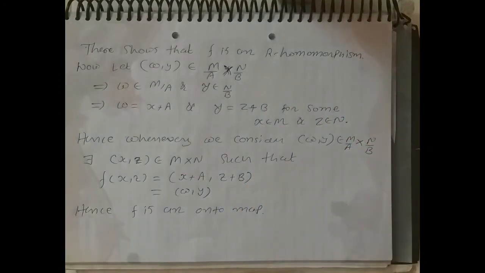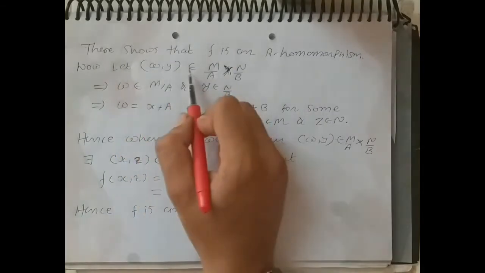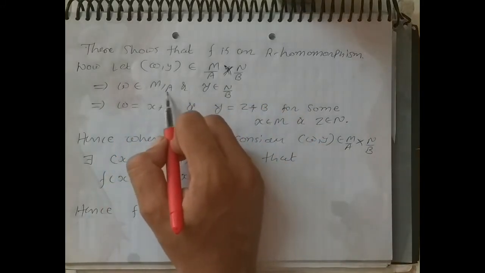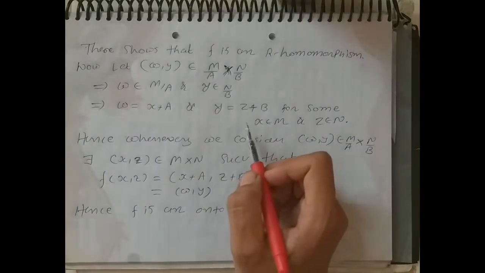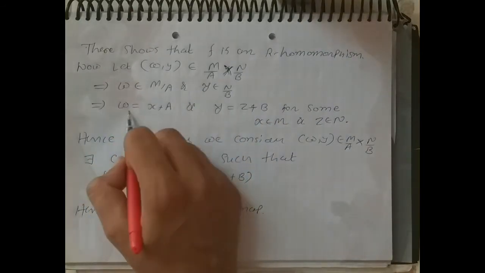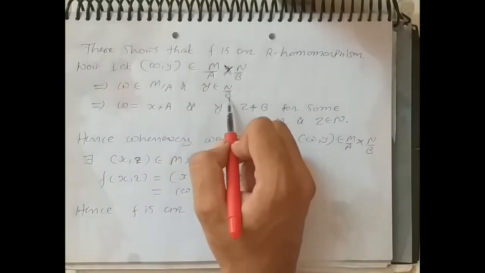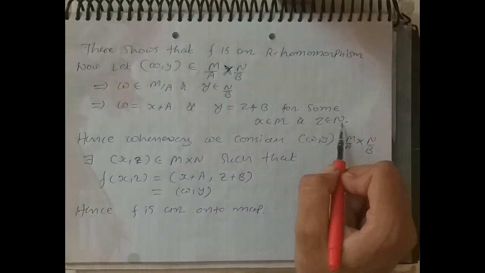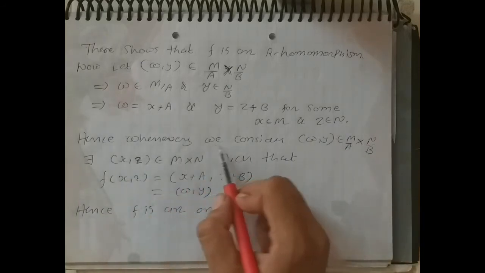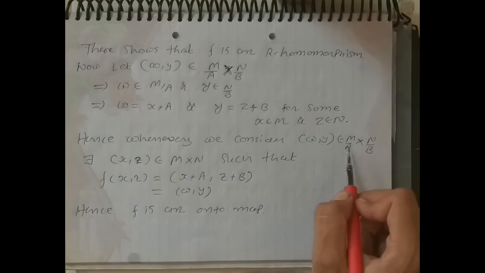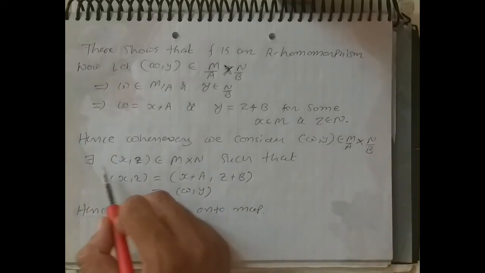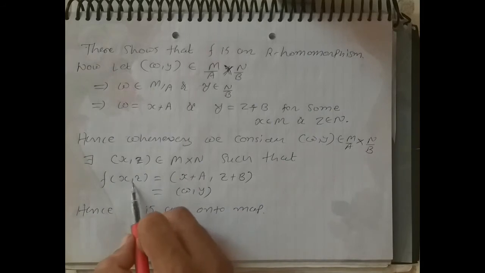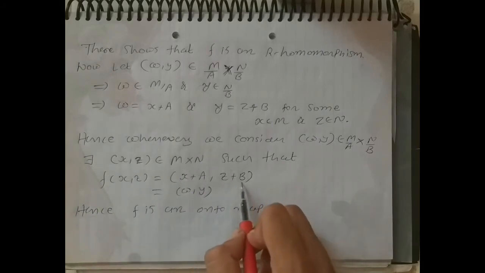Now to show f is onto, let's consider an element (w, y) belonging to M quotient A cross N quotient B, so that w is an element of M quotient A and y is an element of N quotient B. So w belongs to M quotient A, that means w is equal to x plus A, and y belongs to N quotient B, so y is equal to z plus B for some x belonging to M and z belonging to N. Hence, whenever we consider an element (w, y) belonging to M quotient A cross N quotient B, there exists an element (x, z) belonging to M cross N such that f of (x, z) is equal to (x plus A, z plus B).